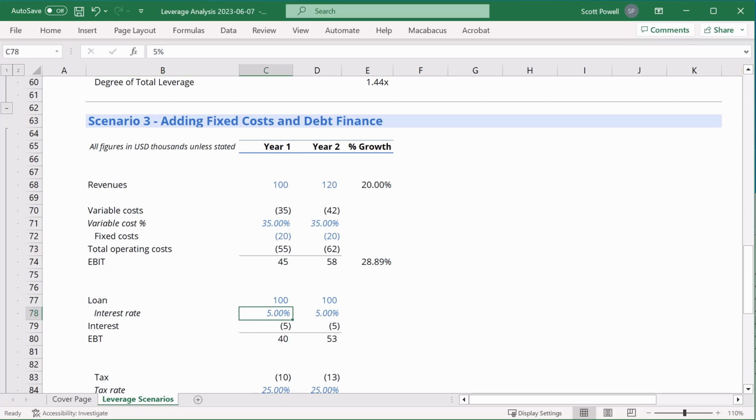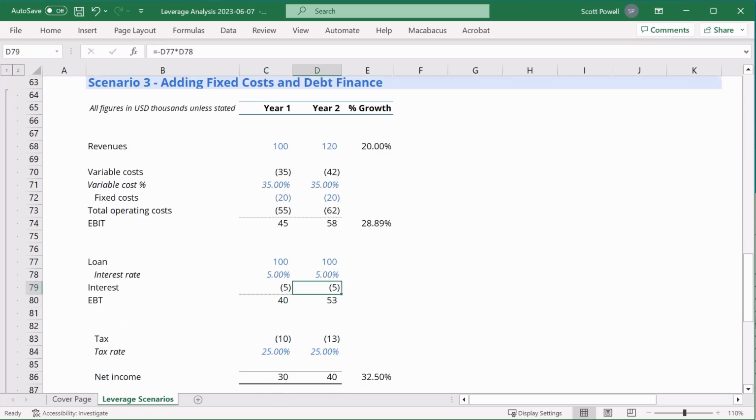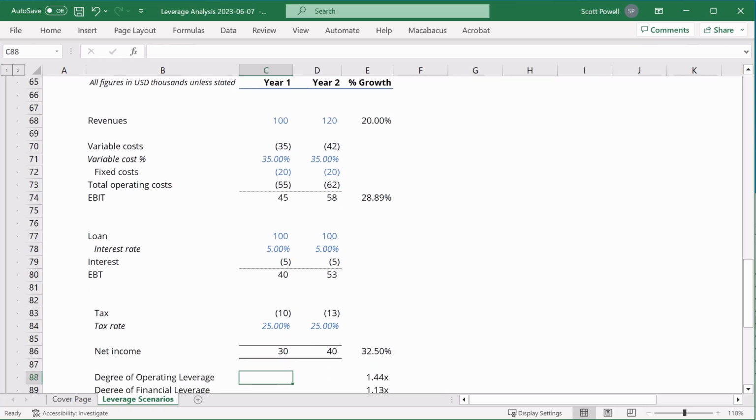So we're paying interest expense of 5 for each of the 2 years. Our taxes relate to the effective tax rate, but you can see that we're now reducing our taxes because interest is allowable for tax. What that allows us to do is grow our net income from 30 to 40, which is a 32.5% growth or increase.